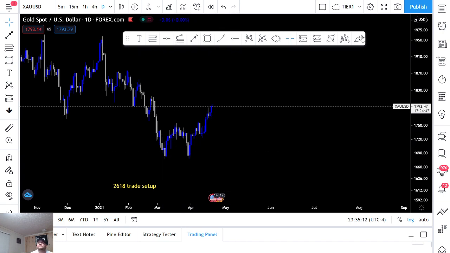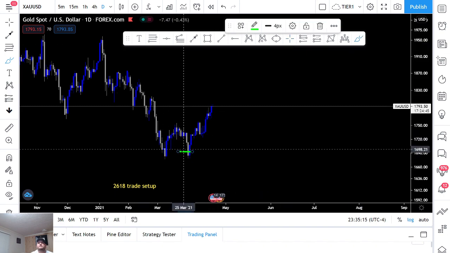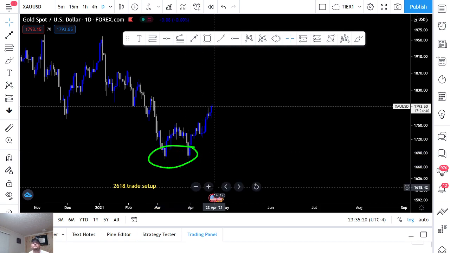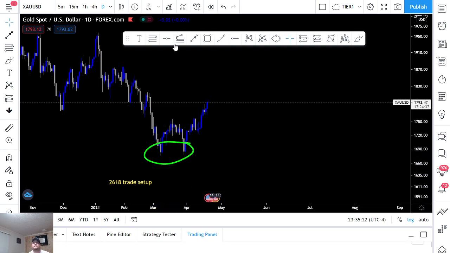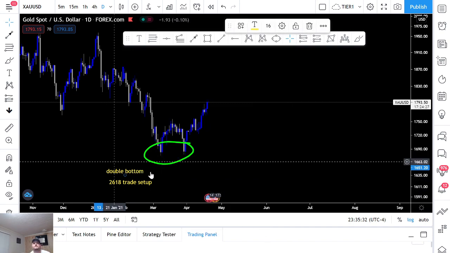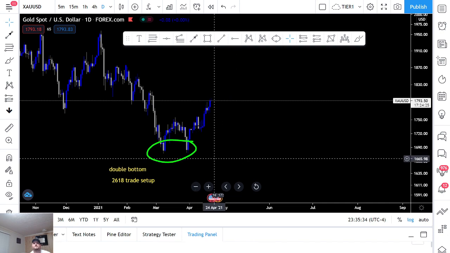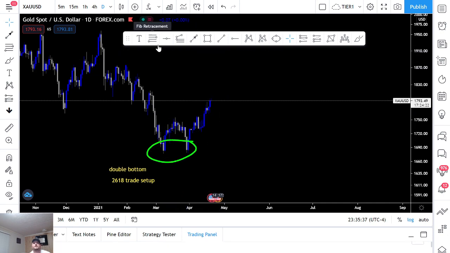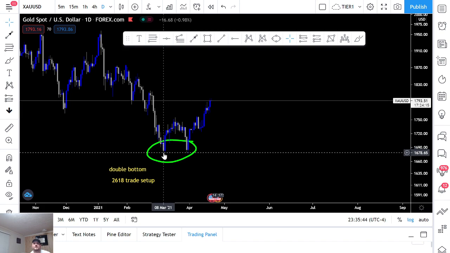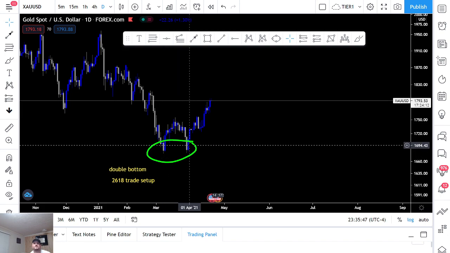I don't have that kind of money, but I want to talk about this 2618 trade. And it consists of a double bottom. Right? Double bottom. What is a double bottom? A double bottom is where the right shoulder tests the left shoulder and closes above.